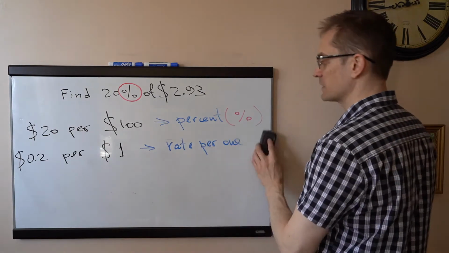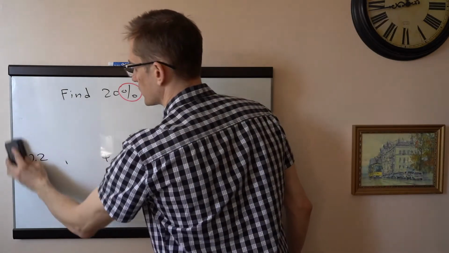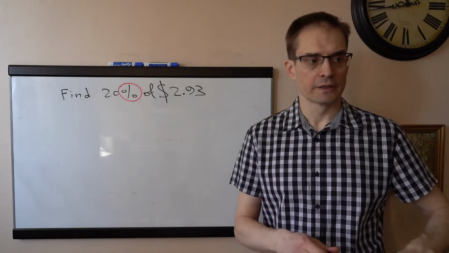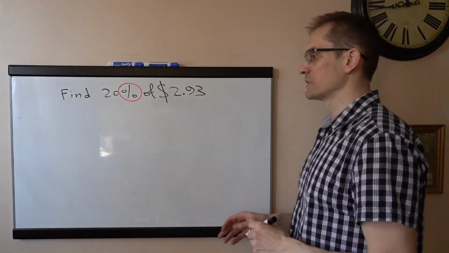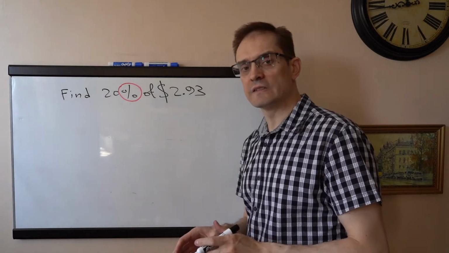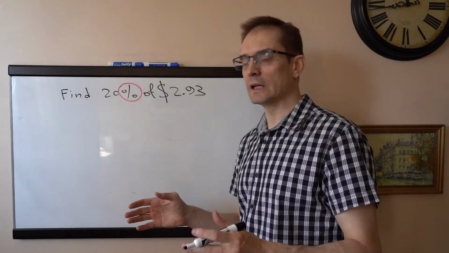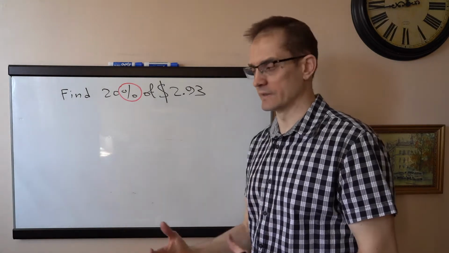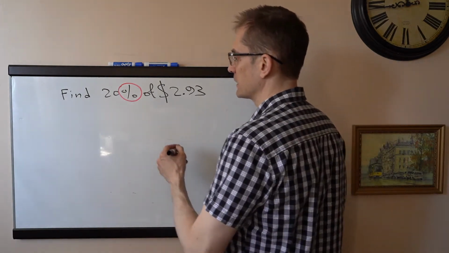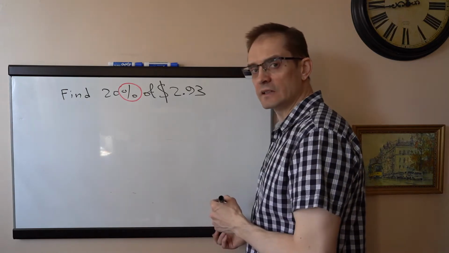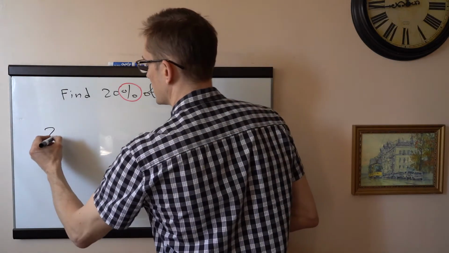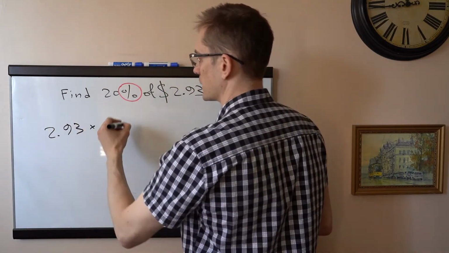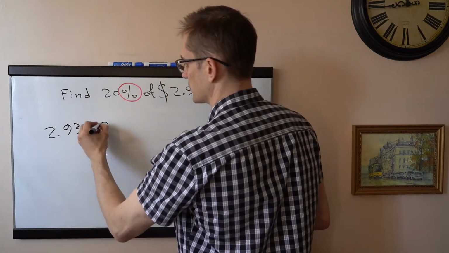Now, why is it such a helpful concept to have rate per one instead of percent? The reason it is so helpful is because any amount is the amount of ones, right? So any amount is always the amount of ones. And we can find a percentage quite easily by taking the number of ones and multiplying by the rate per one. So in this case, it's 0.2.